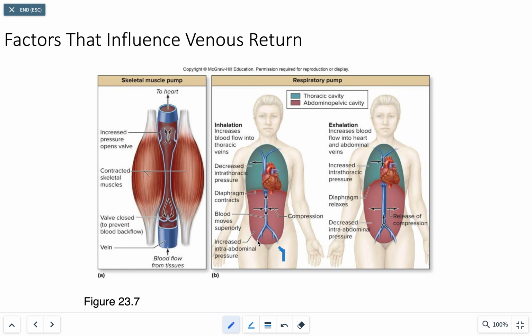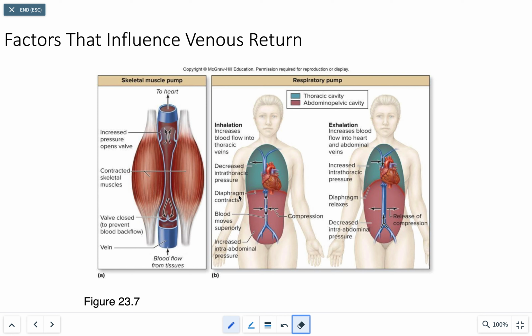into the thoracic cavity. In the abdominopelvic cavity, what we see mainly is that in inhalation, we see a contraction, and the diaphragm gets pulled down into a flat shape, versus relaxation, when the diaphragm is a kind of concave shape.